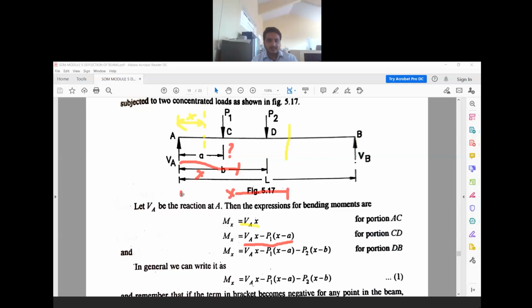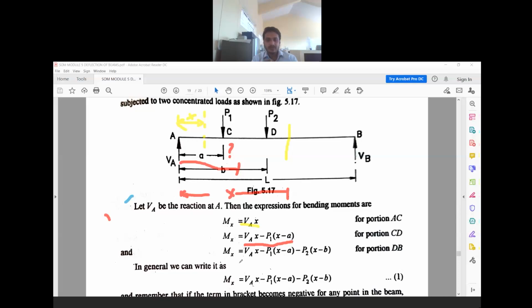So this x is varying, okay? Now x is this one. This is discarded, so this is the x distance we have. And VA into x. P1 is at a distance of, again, x minus a. P2 is at a distance of, see here, from here to here it is b, from here to here it is x. So x minus b, this is the distance of P2.